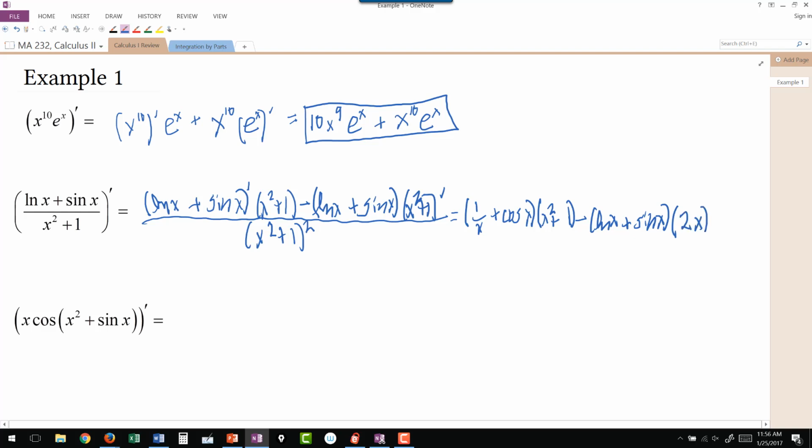Derivative of x squared is 2x. The derivative of the constant 1 is 0. That still remains over the denominator squared. And even though we could probably do some factoring or simplifying, this form will suffice.